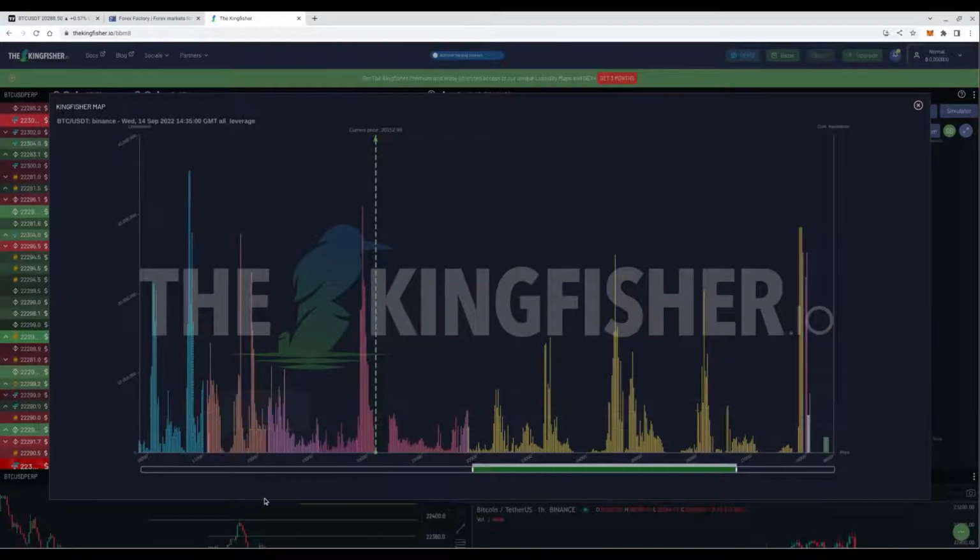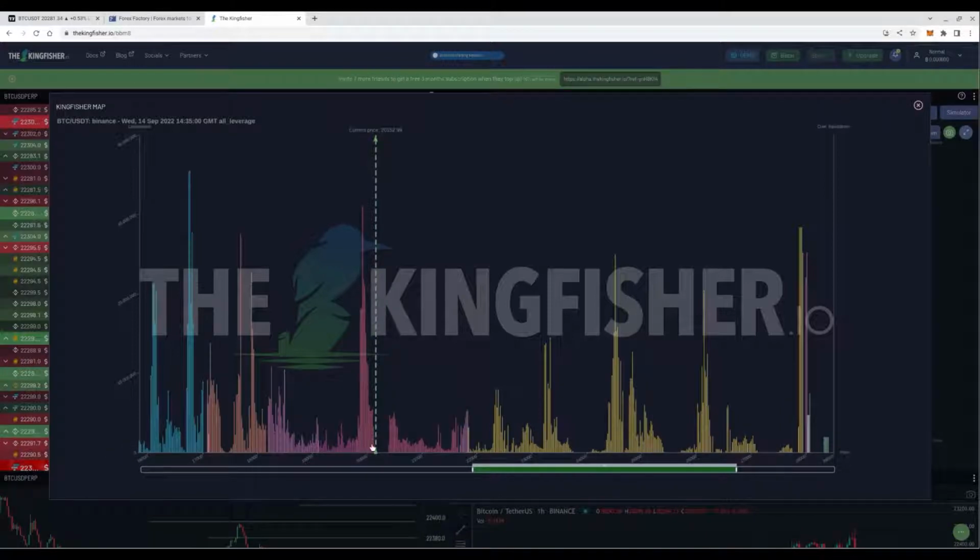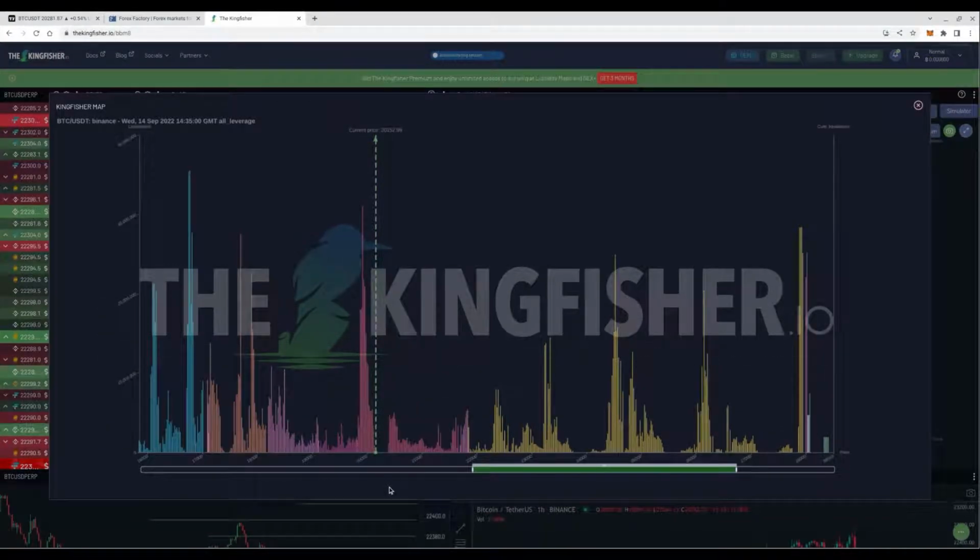So people have been going long, and they might get liquidated from 19.8 up until the current price. There's a lot of liquidity for the market maker to grab. You see 31 million, 20 million. There's billions of dollars here that the market maker might grab, and probably will grab, because he wants to be profitable. And he makes money off people losing money. So get that in your head.